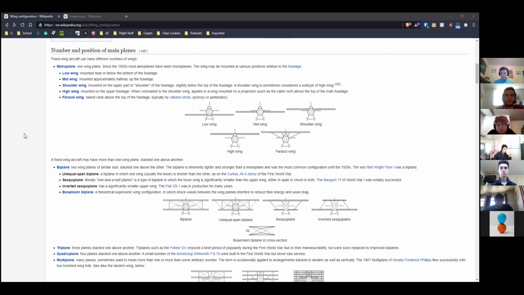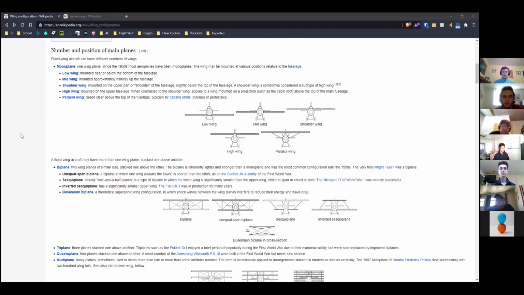The primary considerations are basically the shape that your wing or wings have in all three dimensions. So the cross-sectional shape and the planform shape. We should define some axes, which I don't know if any of you have seen.